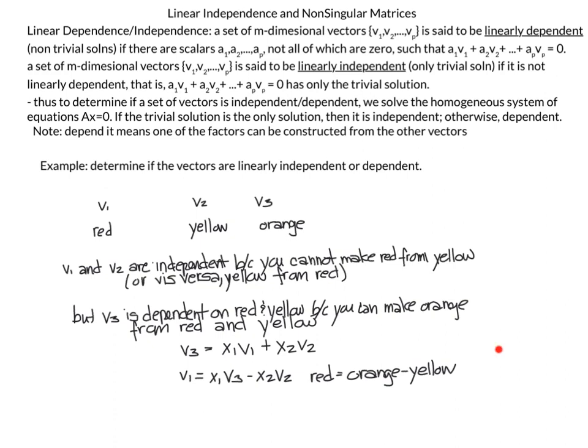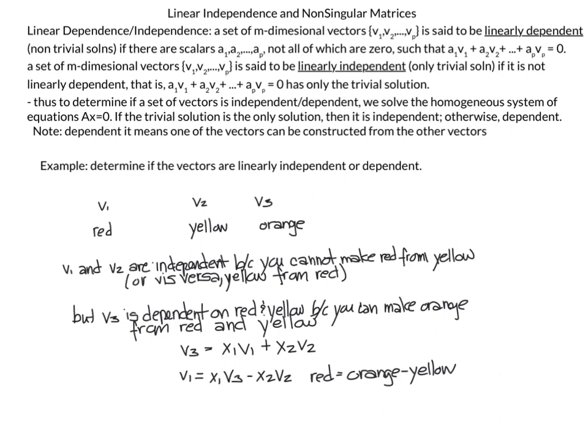So red equals orange minus yellow, right? If we take the yellow out of the orange, we would be left with red. And vice versa, you can make yellow out of orange by subtracting the red. So these three are dependent. They have some sort of dependencies on each other. These two by themselves, v1 and v2, aren't dependent. They're independent. But as a set of three, they are dependent.